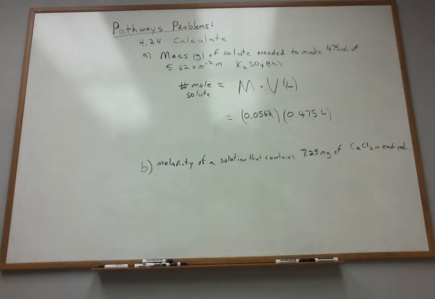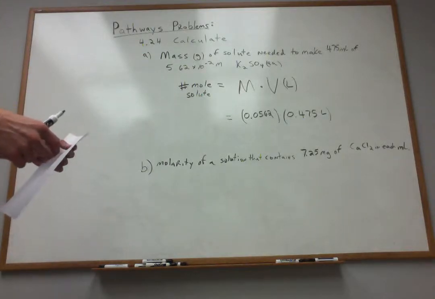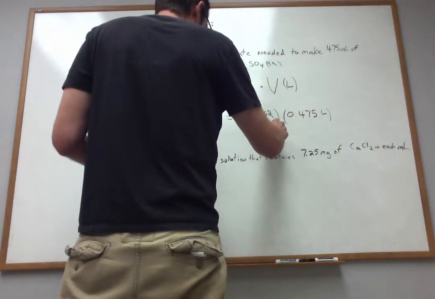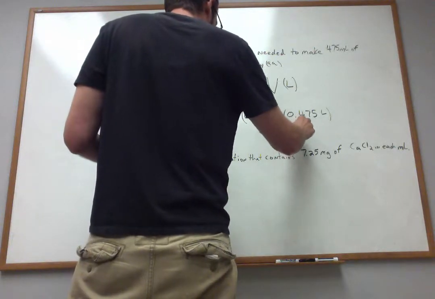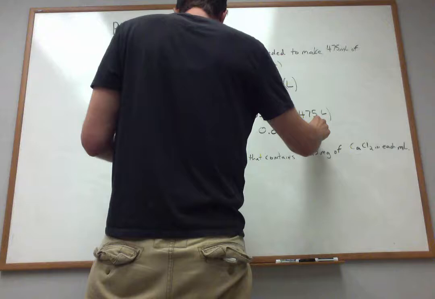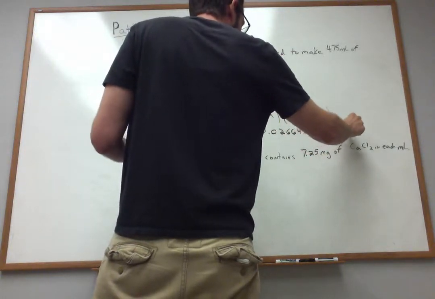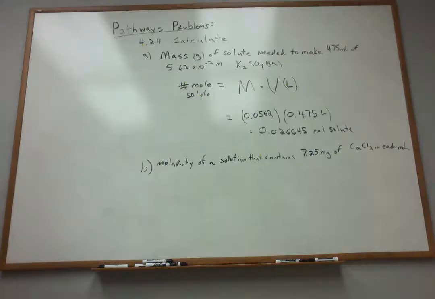I divide by 1,000, move that decimal point 3 spots to the left, and get 0.475 liters. And I can very quickly then determine that this solution must contain 0.026645 mole of solid. That's that stuff that's dissolved up. Okay, so that's how many moles of solute here, potassium sulfate, must be present.